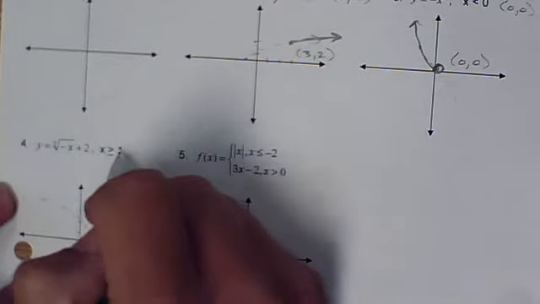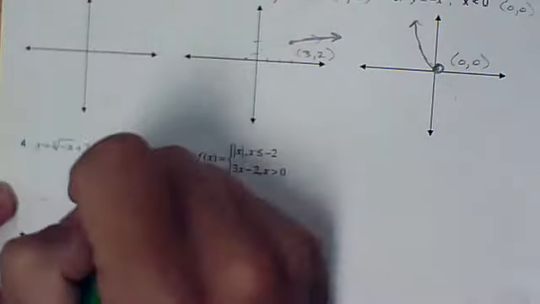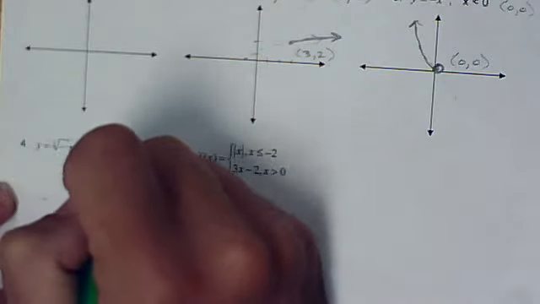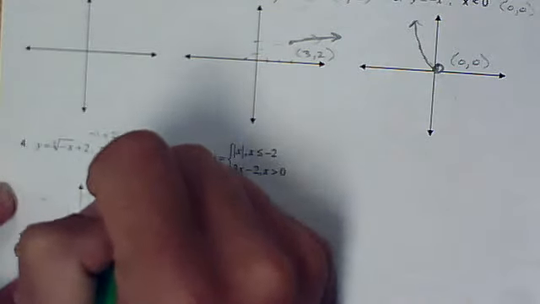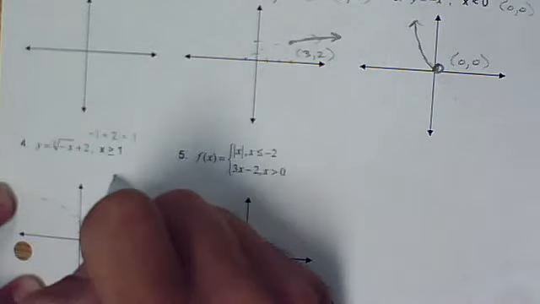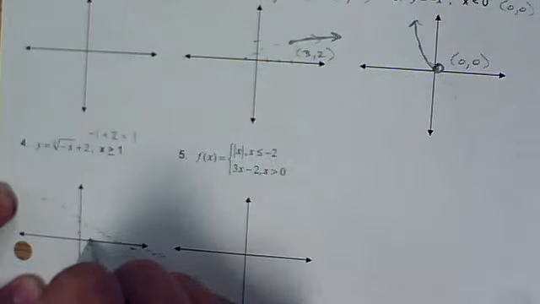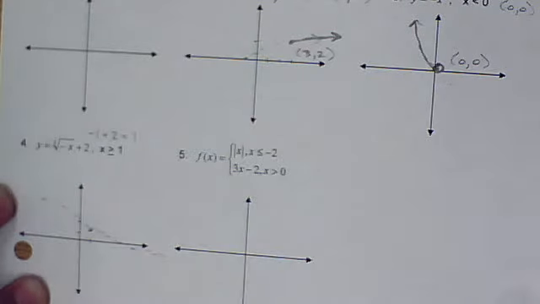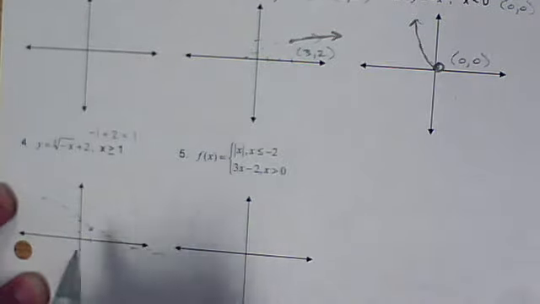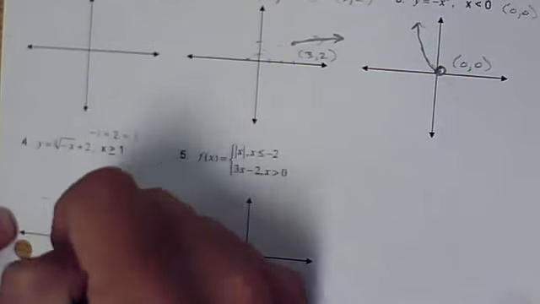And if I plug in a 1, I get the cube root of negative 1, which is negative 1, plus 2. So I get a positive 1. So the point 1, 1 is our starting point. And we're going to show the part that is greater than 1. So something like that. We can erase the rest of this.